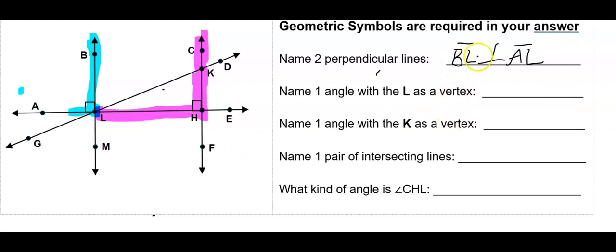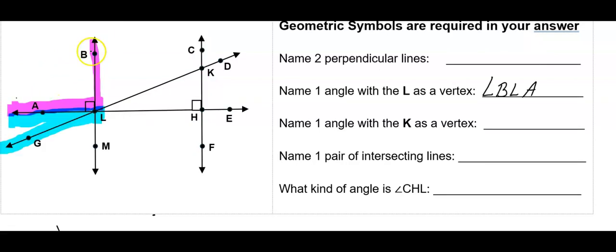You can write BL, 2 points on a line, is perpendicular to AL. That's me choosing the one that's highlighted in blue. It doesn't matter if you selected the one in blue or in purple, either one would work. I selected the purple one and wrote the angle BLA. You could write it as ALB.